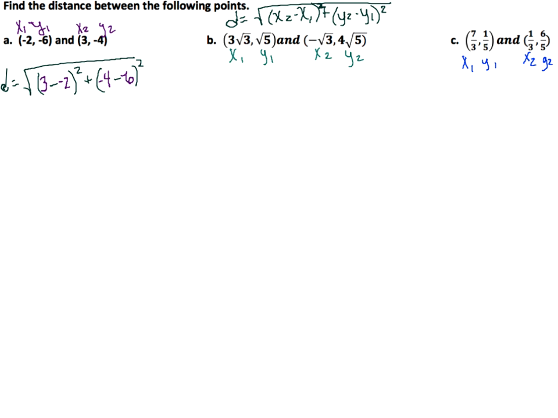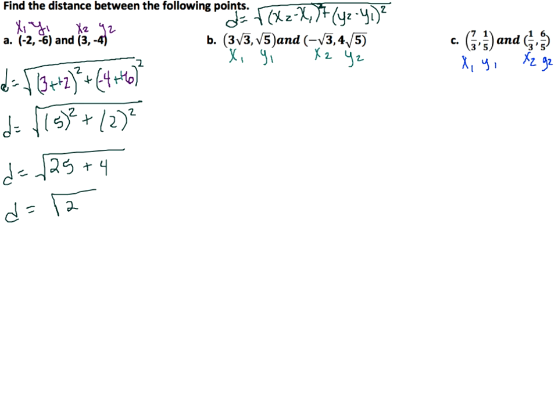So just to point out, this becomes plus, and this becomes plus as well. Distance equals the square root. Well, that's 5 squared plus negative 4 and positive 6 make 2 squared. So that's 25 plus 4, square root of 29. And that doesn't simplify any further, so you don't FOIL.